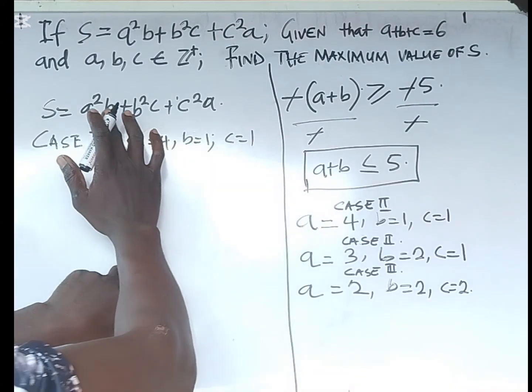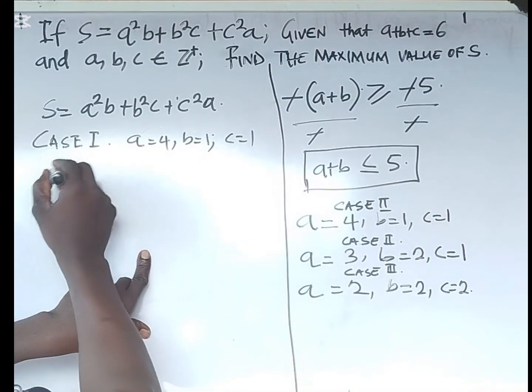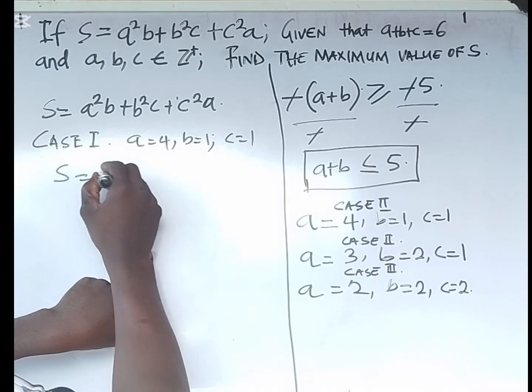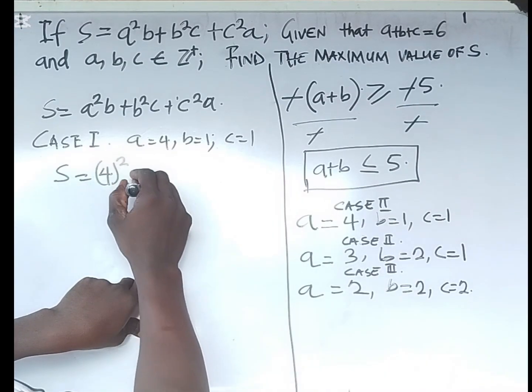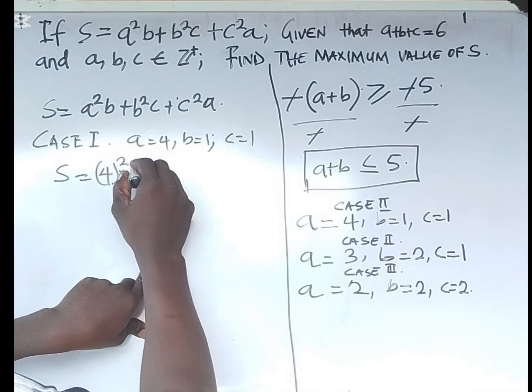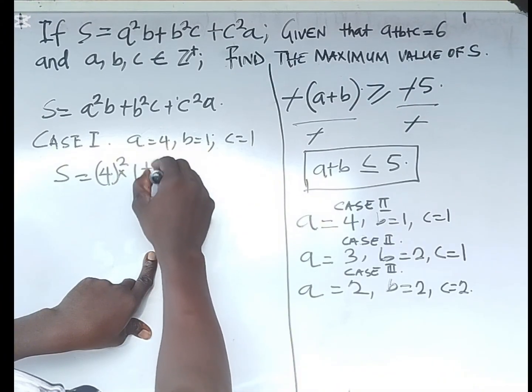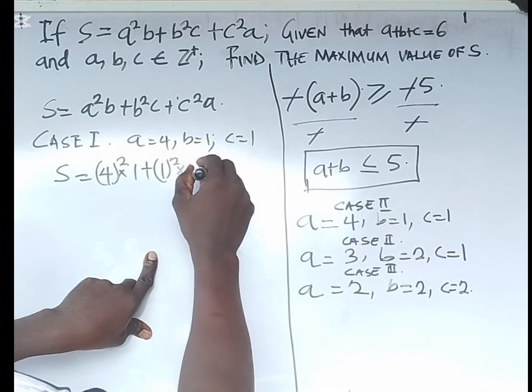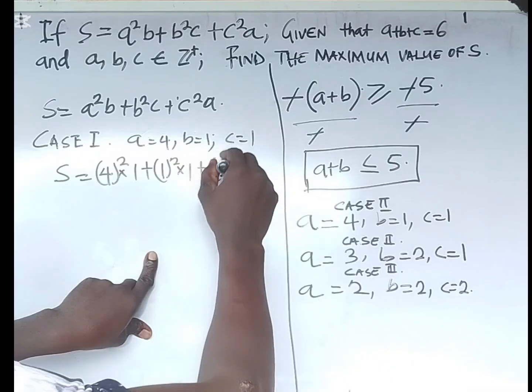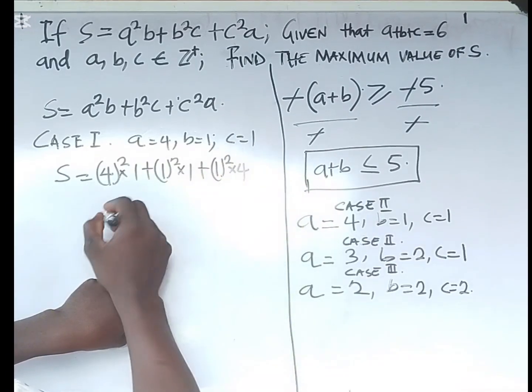Let's substitute these values into this equation and see what we're going to get for x. X becomes 4 squared times 1 plus 1 squared times 1 plus 1 squared times 4.